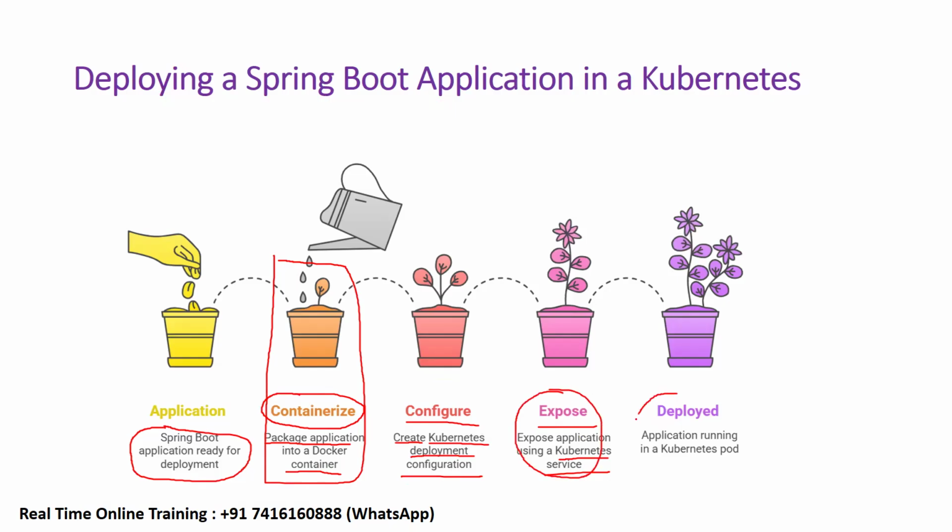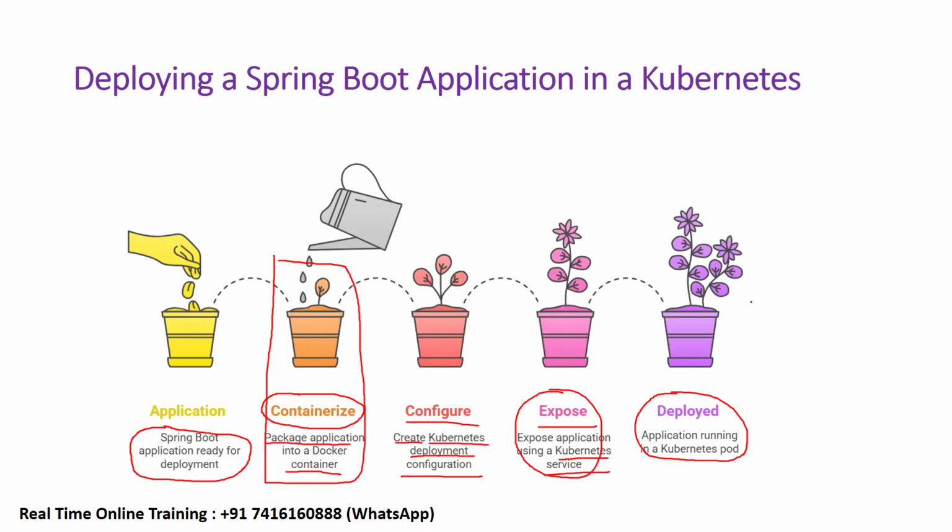Then I need to deploy your application into a Kubernetes pod. These are the steps we need to follow if you want to deploy your application into Kubernetes. Remember these steps, okay? Then you can easily deploy your application into Kubernetes.